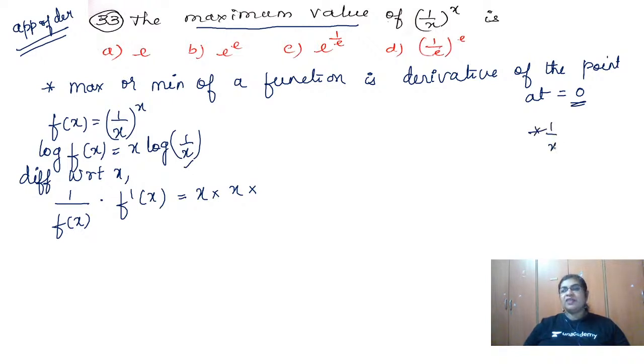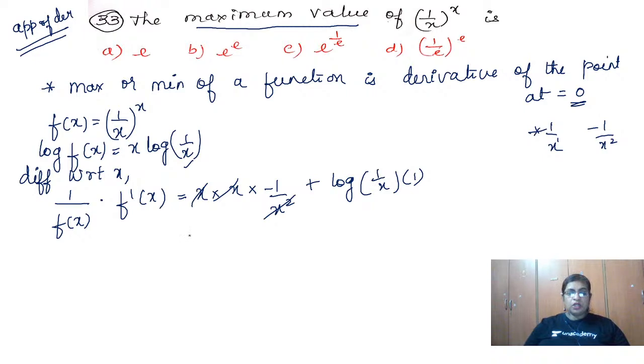So 1 by x, whenever it is there, put minus 1, and increase the power of the base x, that is n plus 1 equal to 2. So it is minus 1 by x square. So x square and x square will get cancelled, plus product rule, first term derivative, second is over, plus second term log of 1 by x into derivative of x, which is equal to 1. So what you found here, you found f dash of x is equal to f of x, I shift it to the right side, bracket here minus 1 plus log of 1 by x.